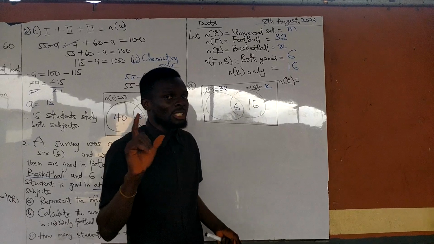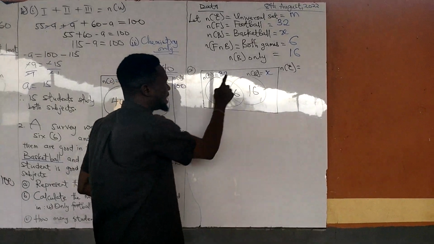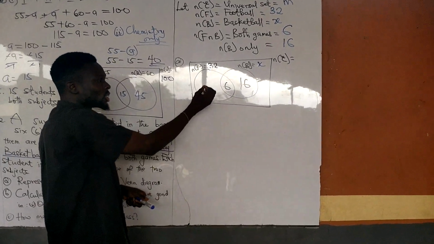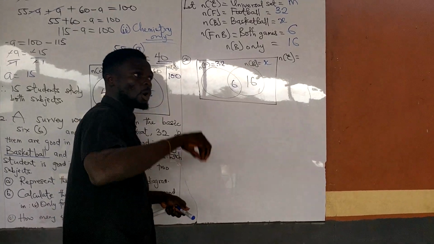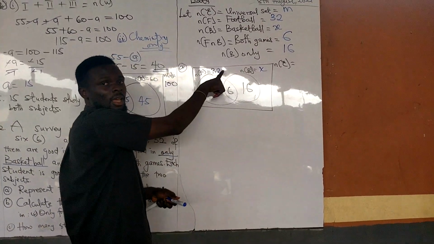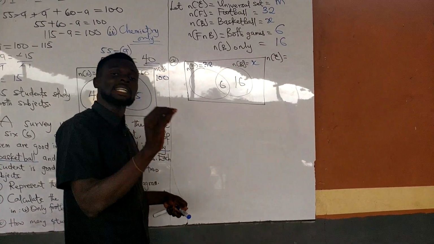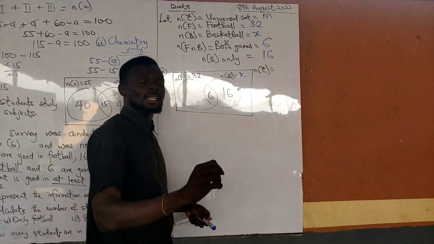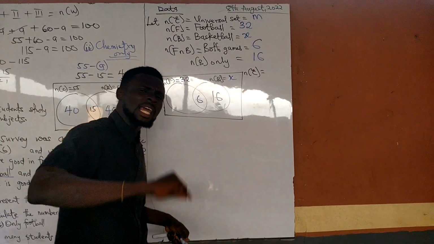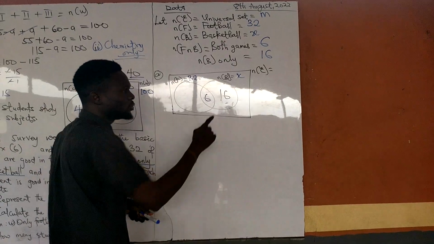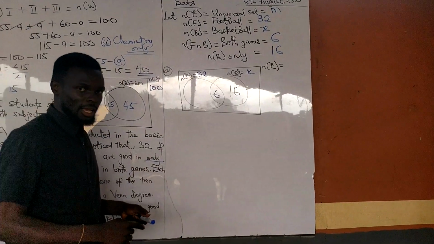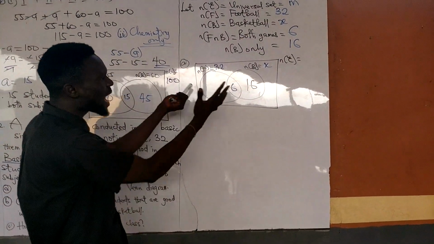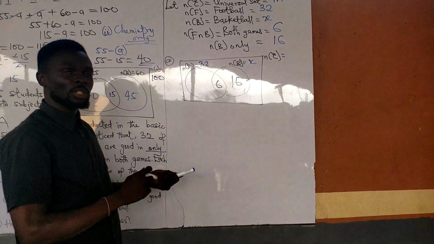If the only wasn't there, we could have brought it here, just as we did for the football. So since it wasn't football only, we brought it up here. But for basketball it was stated clearly that 16 are good in only basketball. So we are going to record our 16 here. And this is how the diagram is going to be.